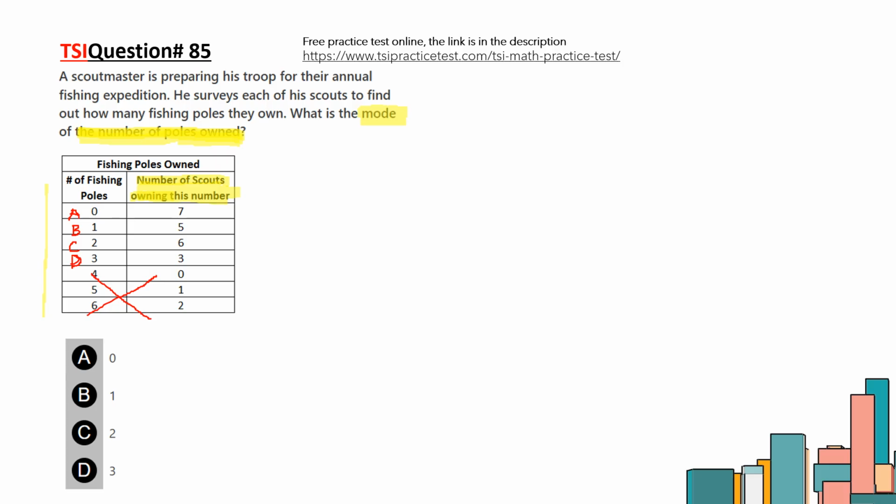And the mode is the frequency that mostly happens, right? So the highest number showing up here will be the mode.